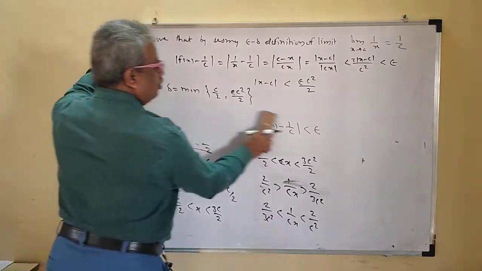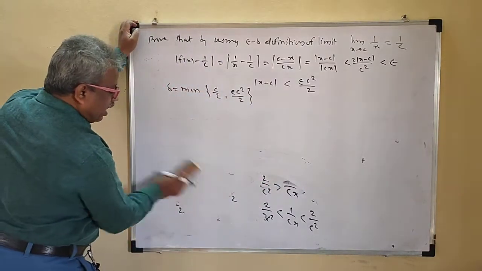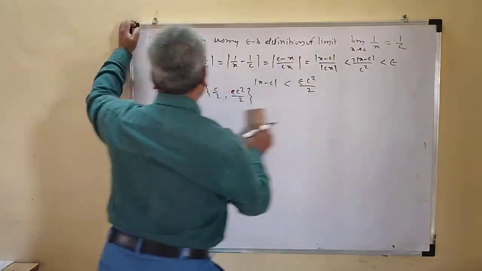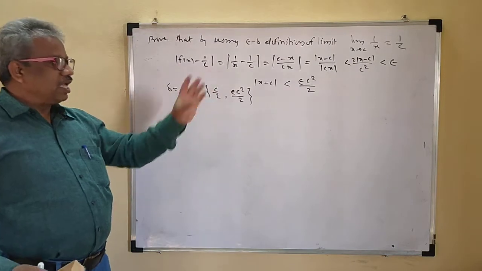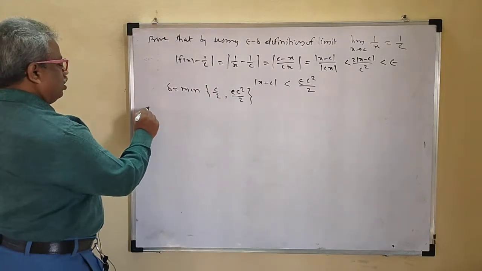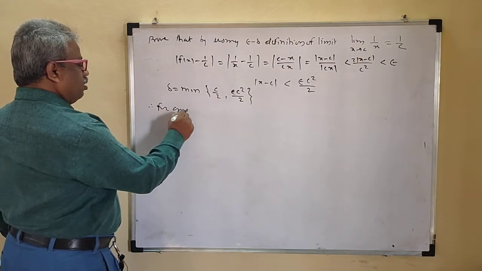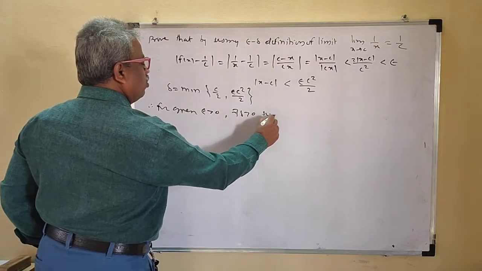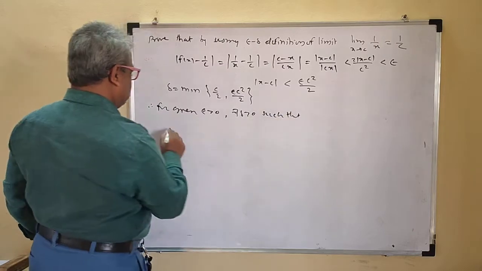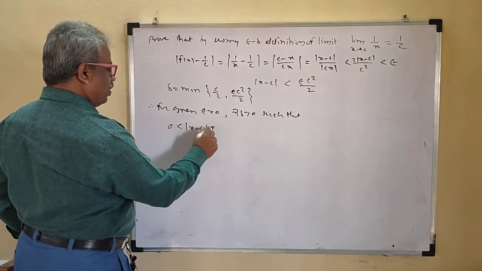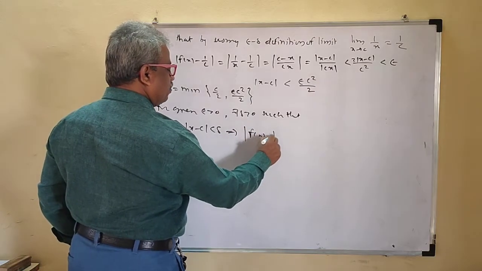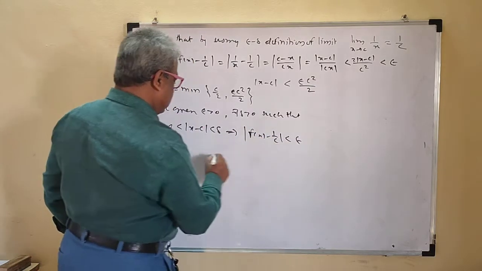So I proved that there exists delta. If you take the minimum of this, that works now. So therefore for given epsilon greater than 0, there exists delta greater than 0 such that 0 less than mod of x minus c less than delta implies that mod of f of x minus 1 upon c is less than epsilon.